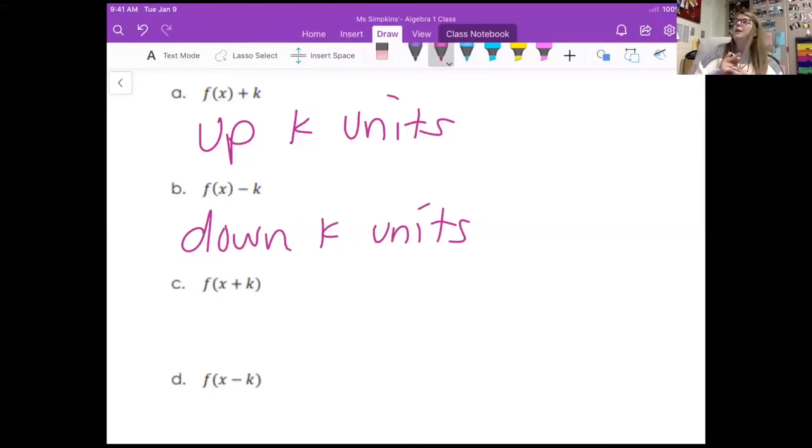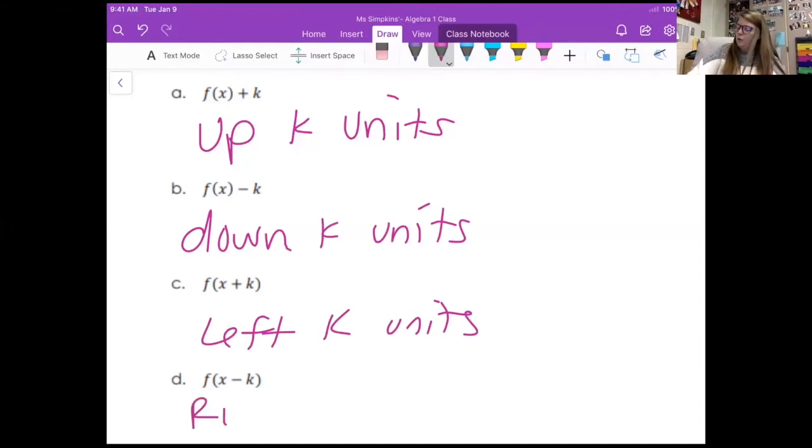And again, this is where we need to think the opposite. So if we're adding K inside the parentheses, we're going to be moving left. And then if we're subtracting something inside the parentheses, we're going to be moving right. I can't spell. R-I-G-H-T.